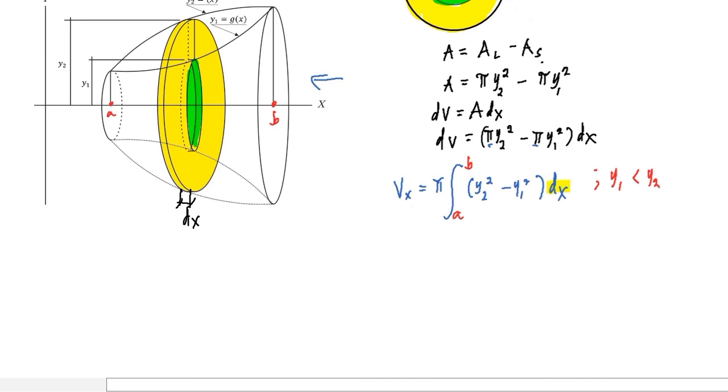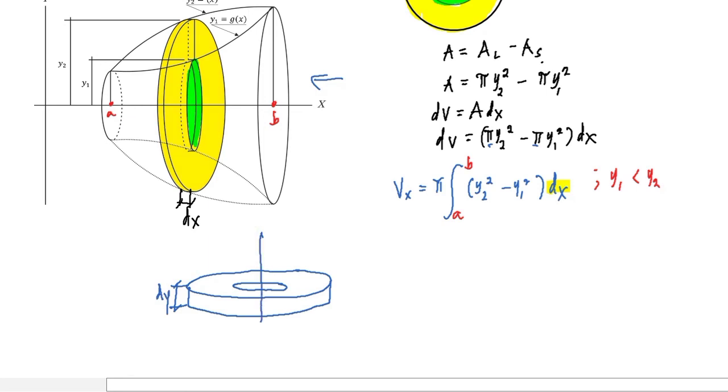So in a similar manner, if we are going to have our curve, no? In a similar manner, kapag meron tayong circular washer oriented in this direction, naka-horizontal naman siya, itong thickness na to, this is our dy.